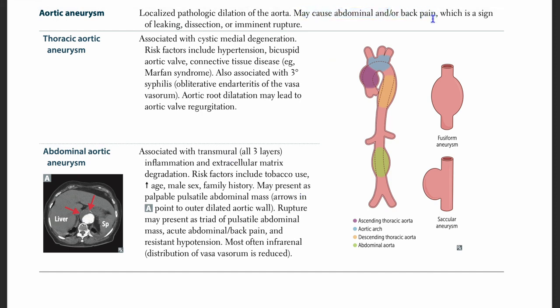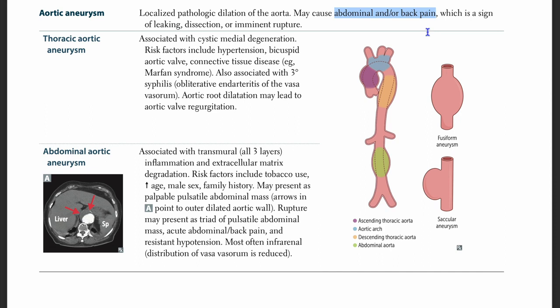suffering from back pain. Okay, so when you have back pain, it can be three things. One, it can be pancreatitis. Second, it can be this thing, aortic aneurysm. Third, it can be ankylosing spondylitis when it's in the lumbar region.